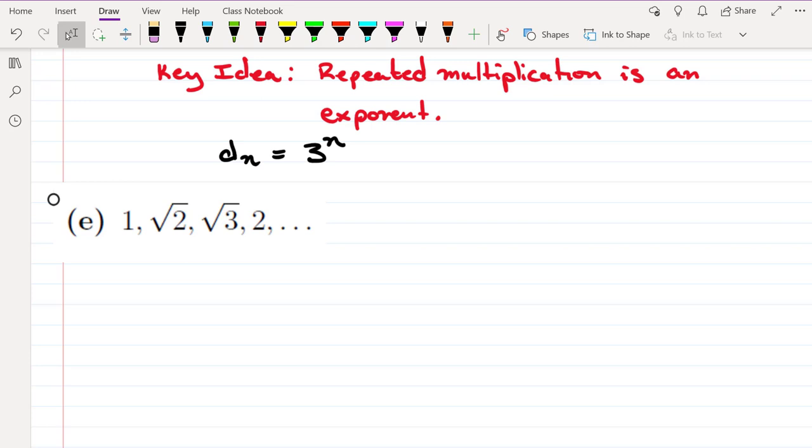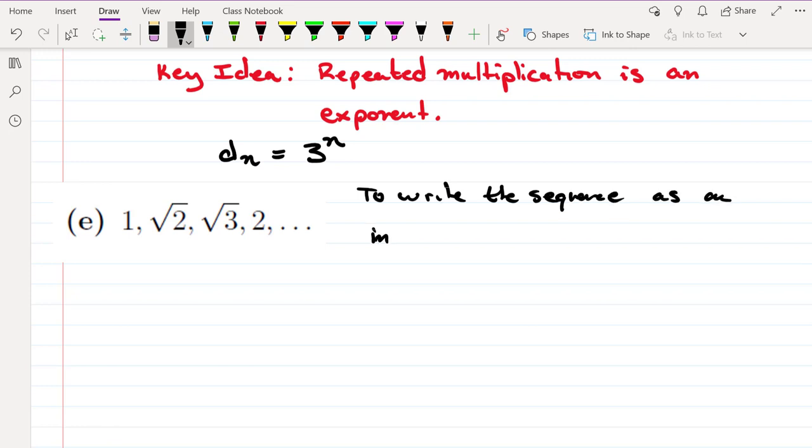So if we're not adding the same thing and we're not multiplying by the same thing every single time, a strategy that might be helpful is to write the sequence as an input-output table.